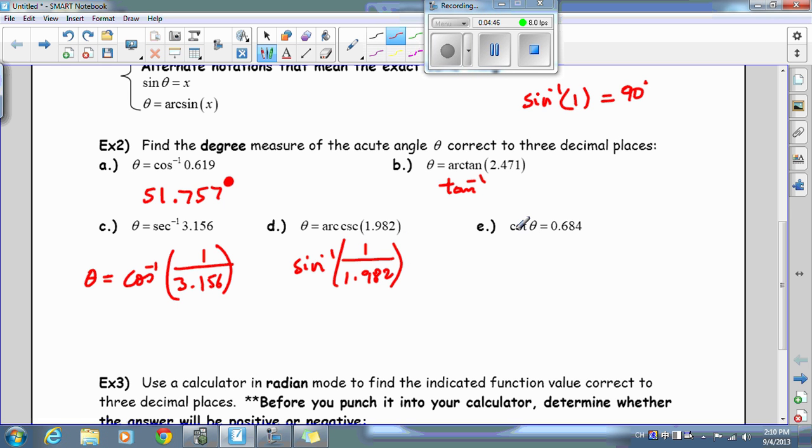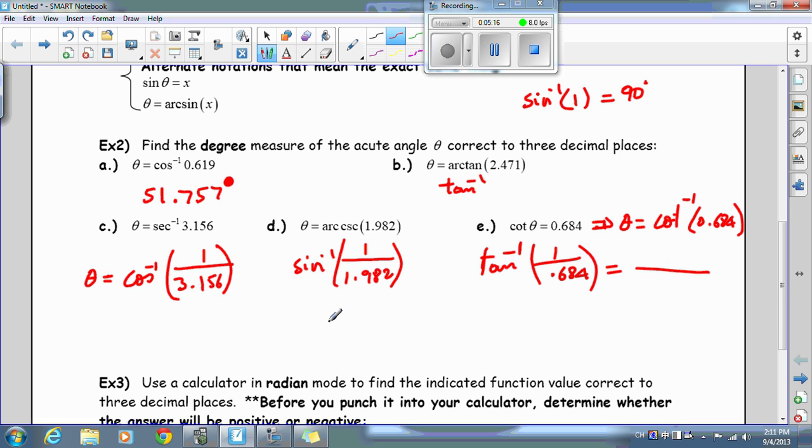And the last one, for the cotangent of theta, this can also be written as theta equal cotangent inverse of 0.684. So you will say the tangent inverse of 1 over 0.684, and you should get the answer.